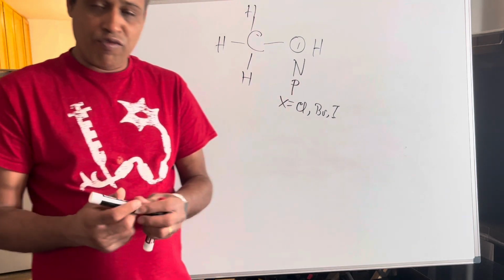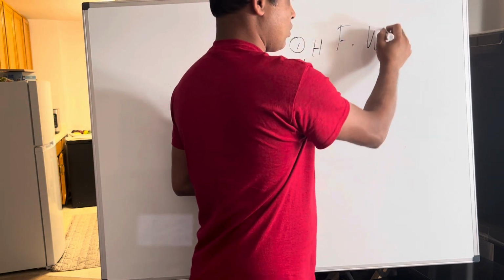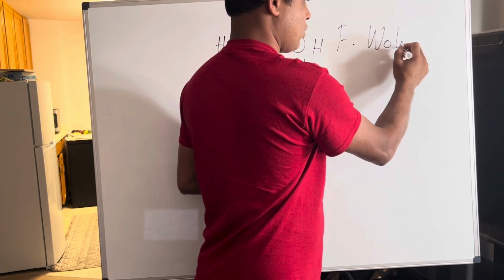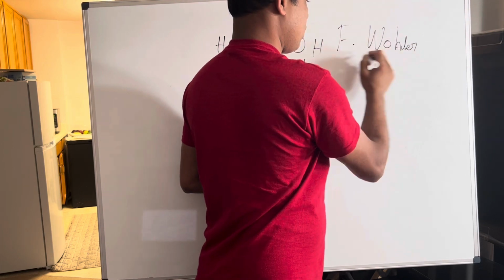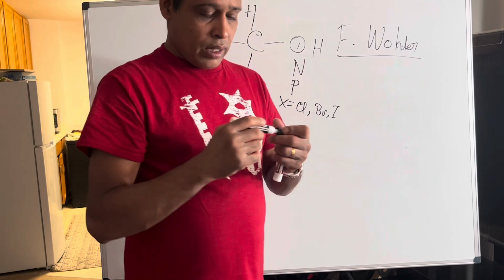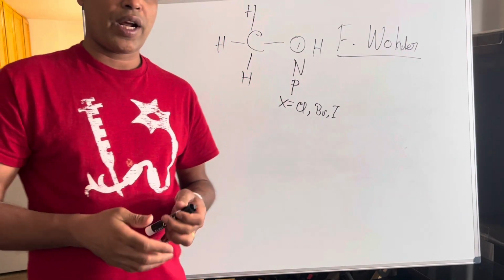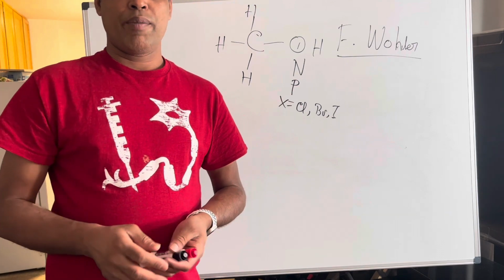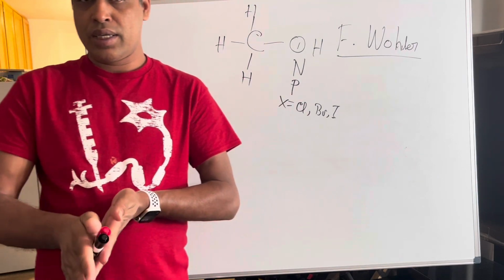In 1828, Friedrich Wöhler discovered that organic compounds can also be produced from inorganic compounds while he was heating ammonium cyanide.